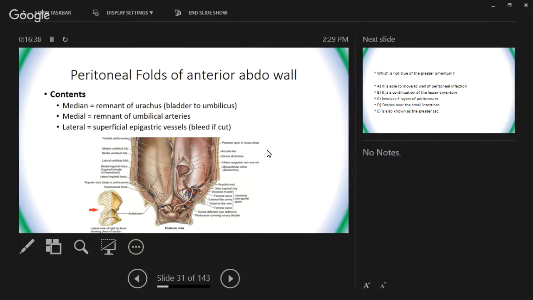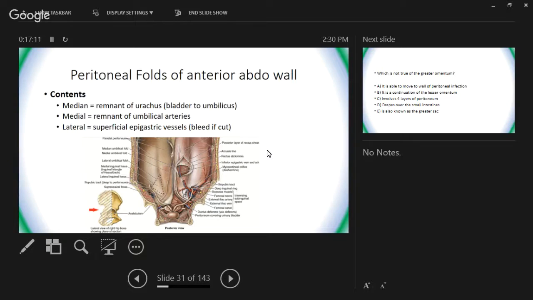You might have seen a few questions floating around this: the peritoneal folds of the anterior abdominal wall. It's not really that important, just remember these things. If you're inside the abdomen looking at the anterior wall, there's a median ligament, which is a remnant of the urachus, and the medial ligaments, which are remnants of the umbilical arteries.